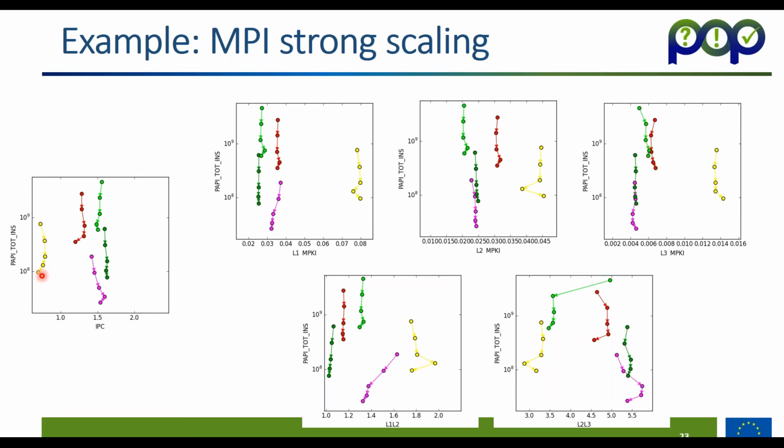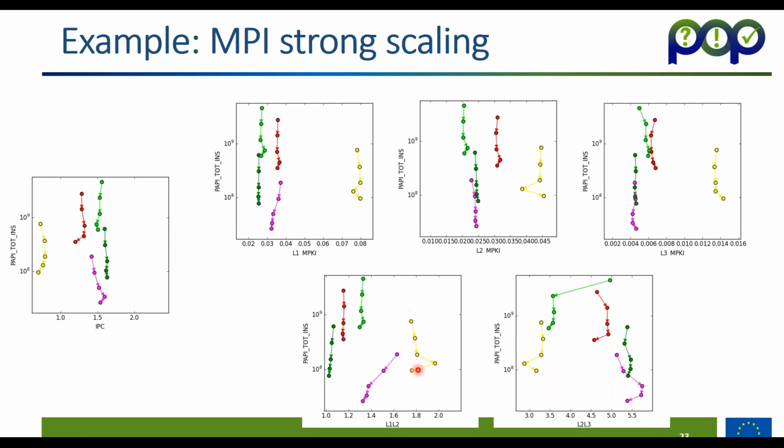And with these plots, one can analyze, for example, typical very global things: the yellow region has poor IPC. It's clear that it has high misses per 1,000 instructions, 80 misses per 1,000 instructions, has high L2 misses and has high L3 misses. By looking at the ratio between L1 and L2 misses, we can see that many of these regions have not even 2 L1 misses per L2 miss.